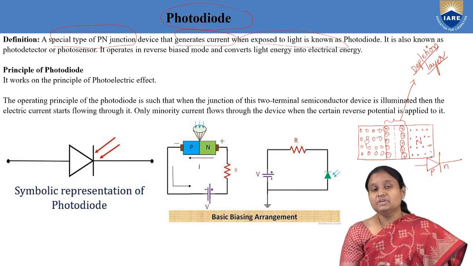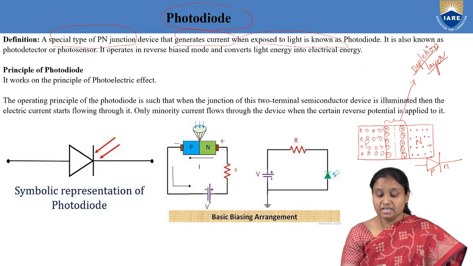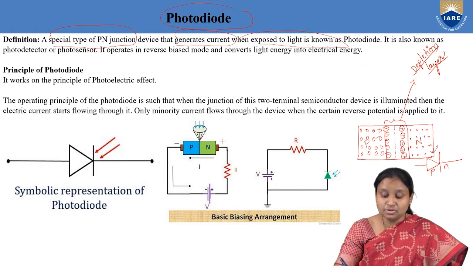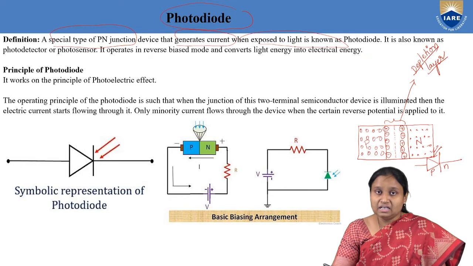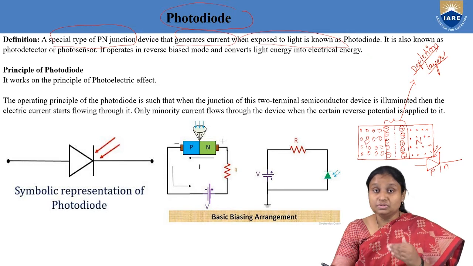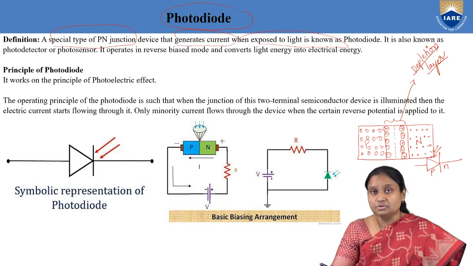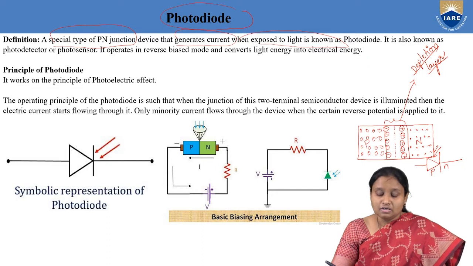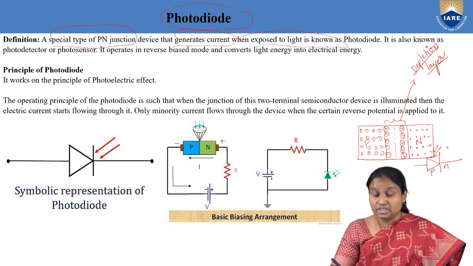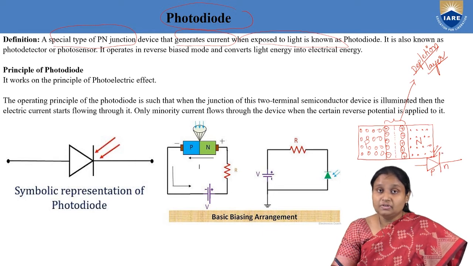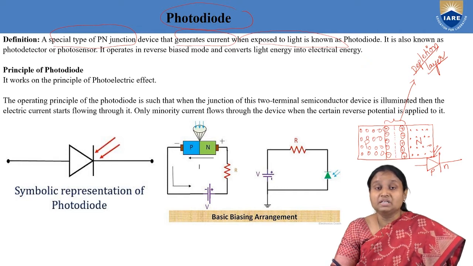So what we are saying here is that it's a diode, and if I expose this diode to light, if I make light fall on it, then this diode is going to increase its current. It is going to generate current. In terms of transformation of energy, the input I am giving is light energy, and the output we are getting is electrical energy, which is nothing but current.